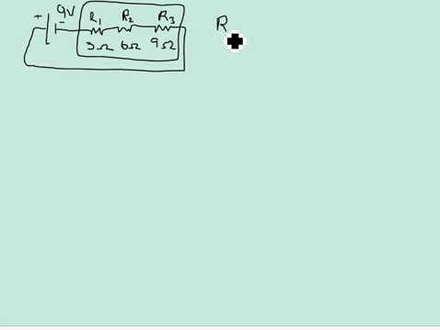If it's in series, the equivalent resistance equals the sum of the individual resistances. So I would take my 3 ohms plus my 6 ohms plus my 9 ohms, and that's 18 ohms.